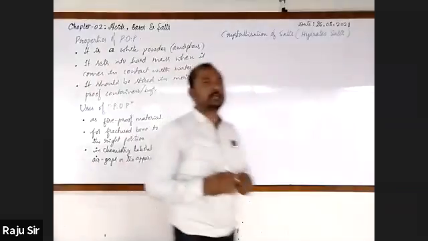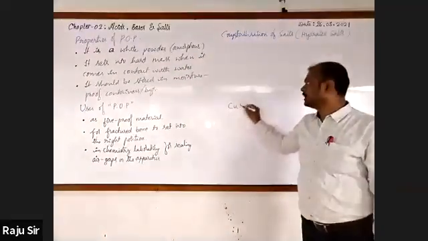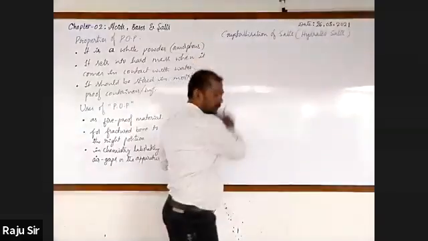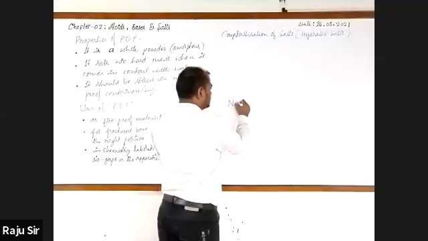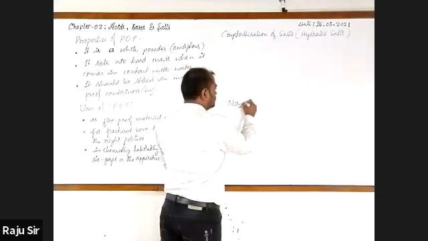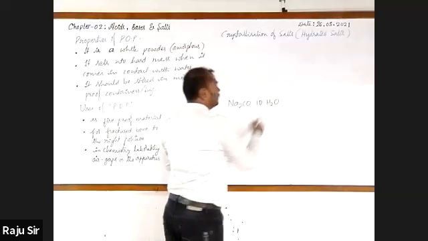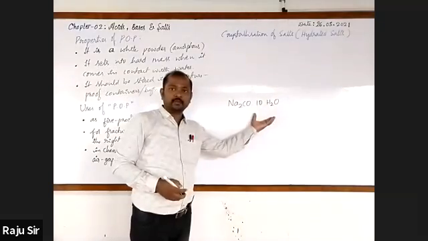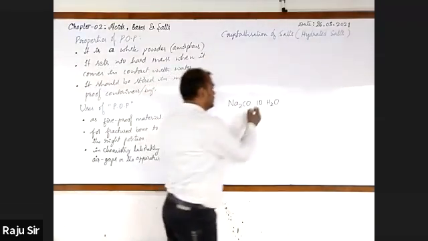Let me give you an example for that. It is Na2CO3.10H2O. What is it? It is washing soda. It is hydrated sodium carbonate.